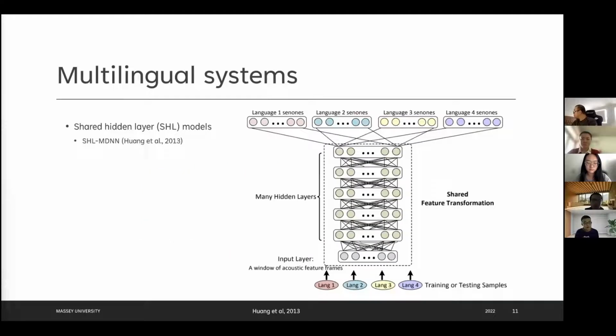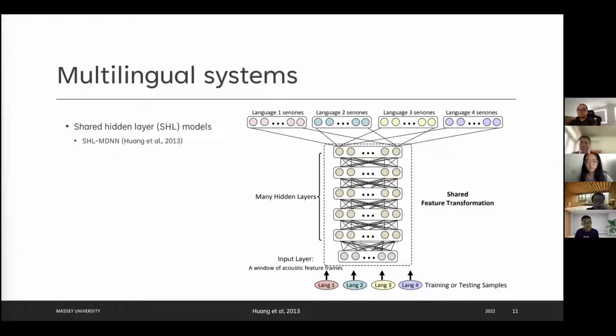In detail, in the deep neural network shared hidden layer model proposed by Huang et al. in 2013, they argue that in a deep learning network model, the hidden layers can be considered as increasingly complex feature transformation layers.